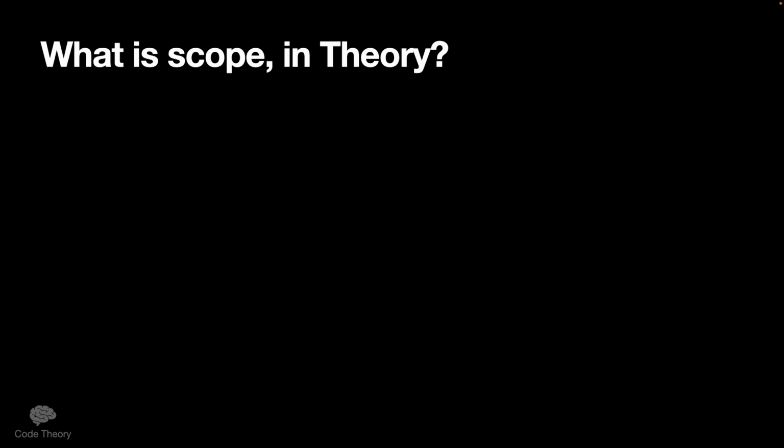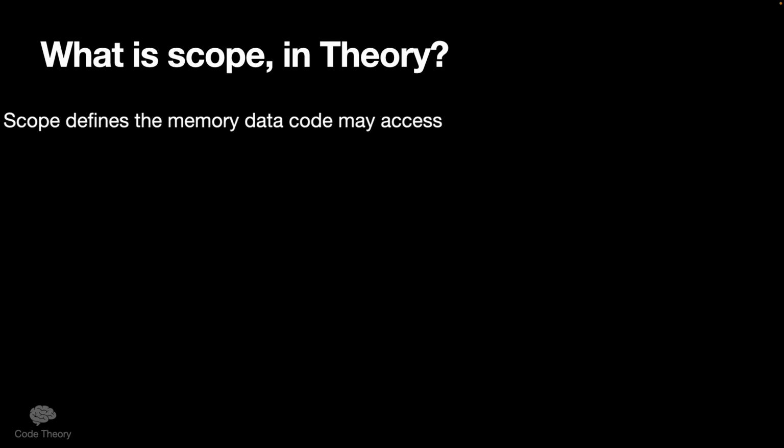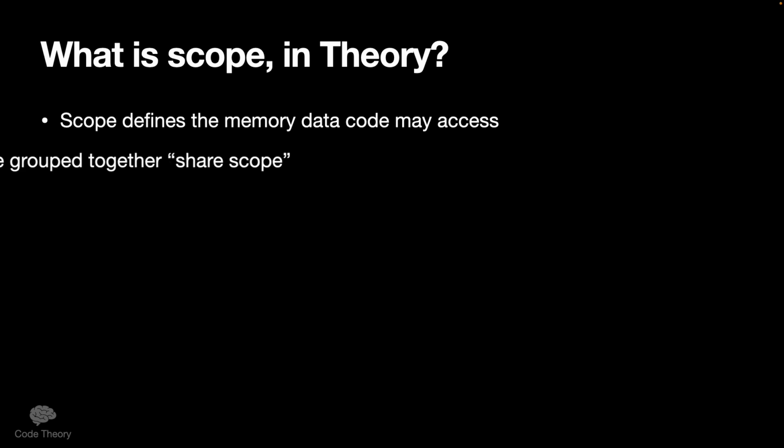So what is scope, seriously, in theory? Scope defines what memory data that is stored in your active memory your current executing code can access. When code is grouped together in a file or in a function or any other way, those pieces of code share scope.